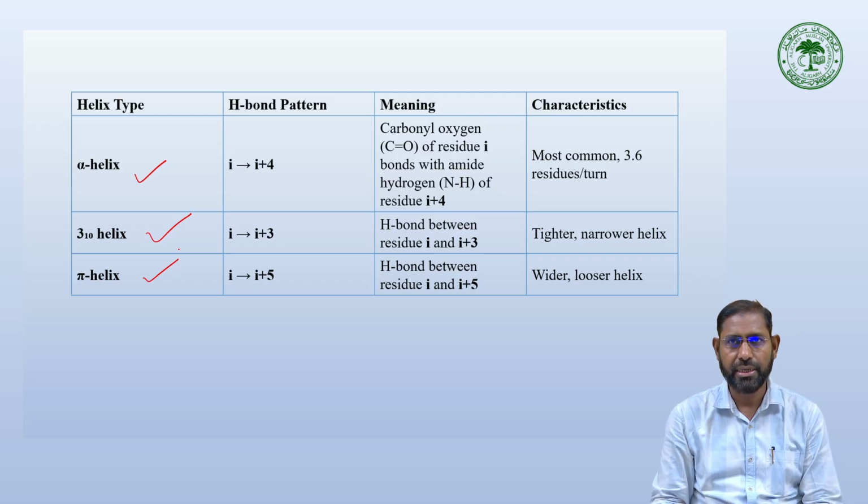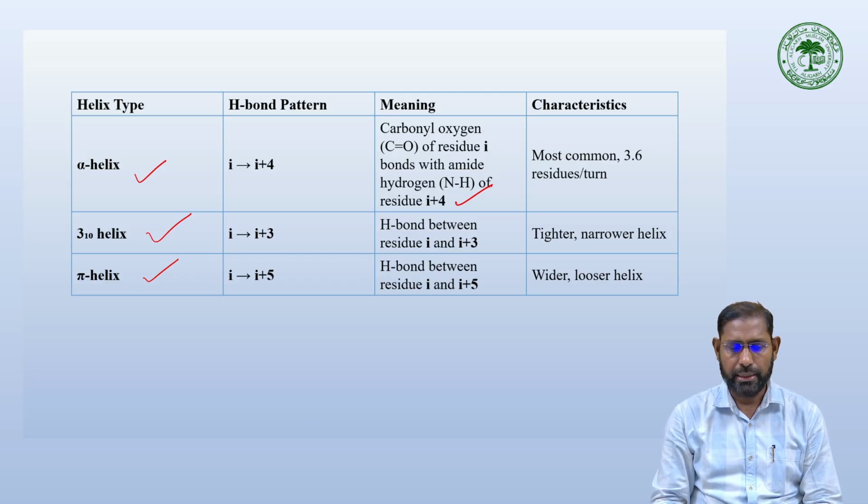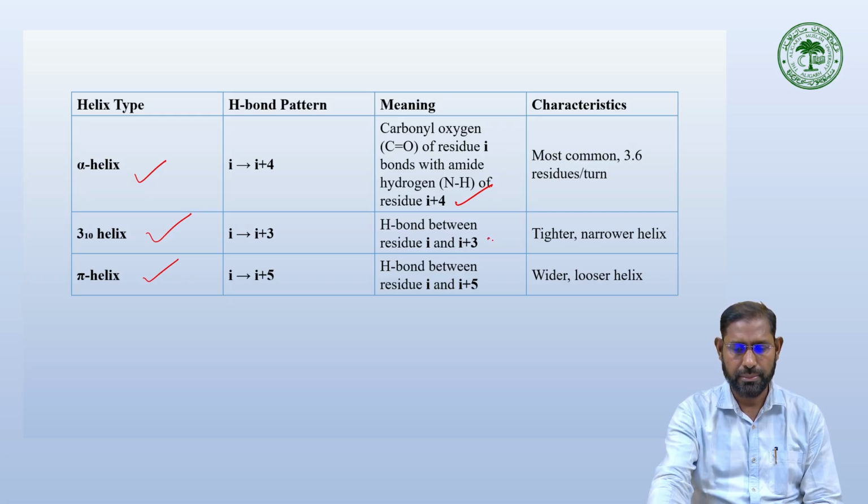These three are different helices. In the alpha helix, the hydrogen bond pattern is i to i plus 4, which means the carbonyl oxygen CO of residue i bonds with the amide hydrogen NH of residue i plus 4. The 3-10 helix is i plus 3, meaning a hydrogen bond between residues i and i plus 3.